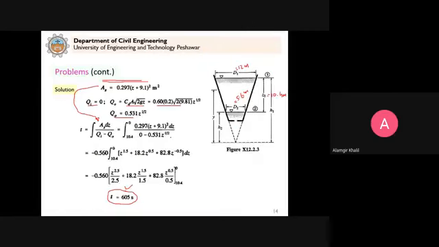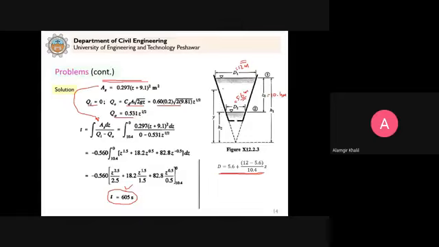I will teach you another approach where we express directly the diameter as a function of Z. So how do we do it? Here the diameter is 5.6 meter, and then it increases to a maximum of 12 meter.